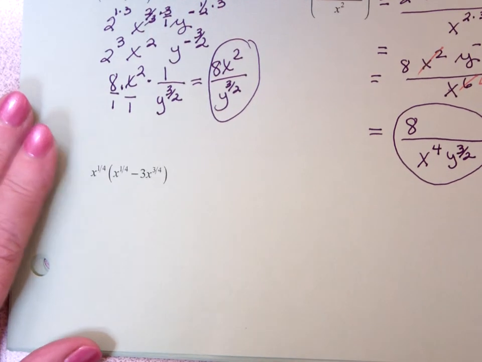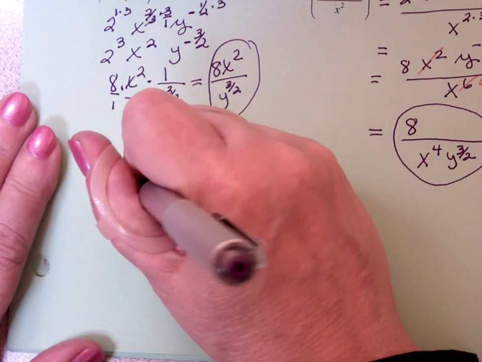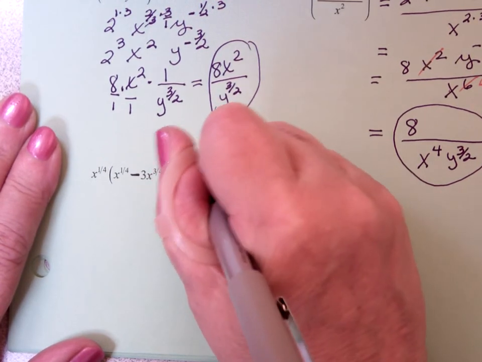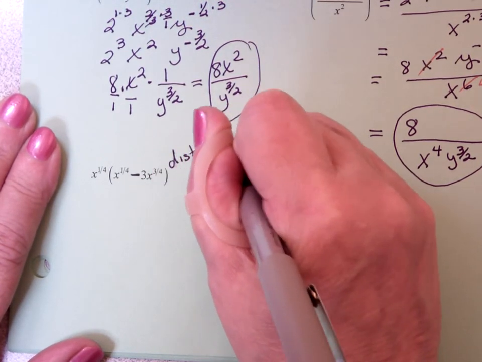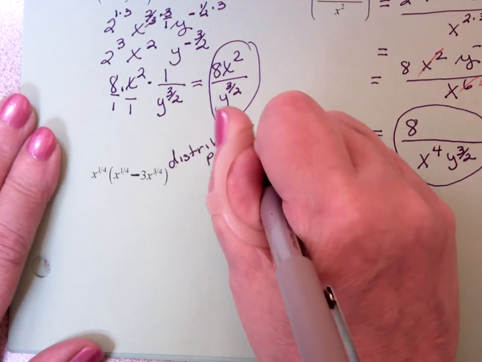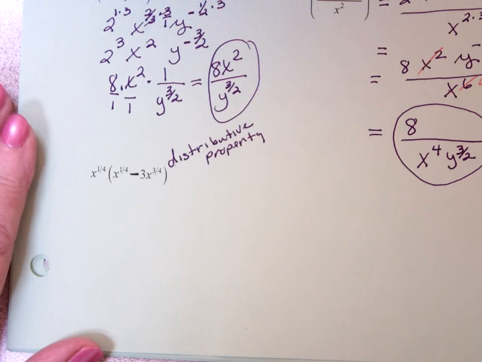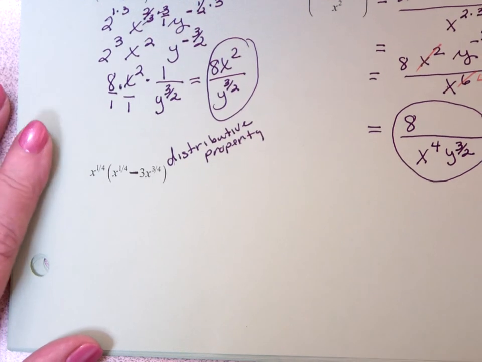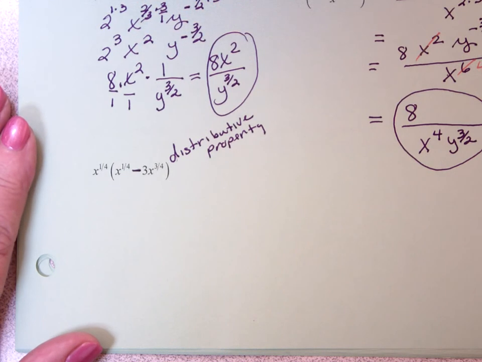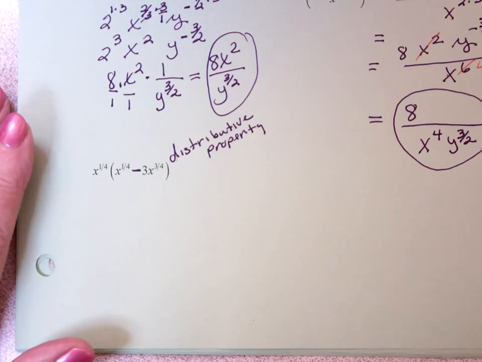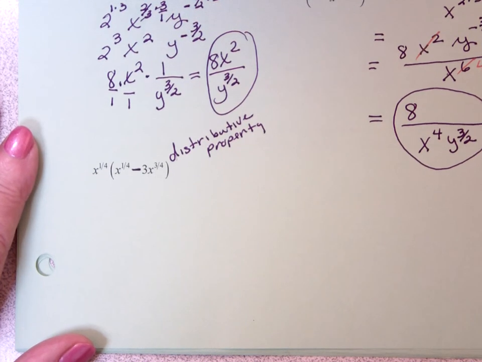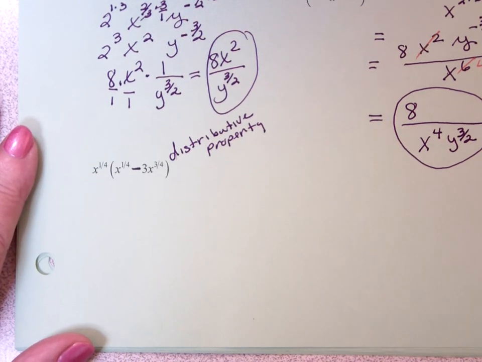This, because of the subtraction, this is a distributive property. The good old distributive property. So, and because these guys are fractions, you end up with tons more steps than you would normally, because normally if they were whole numbers, we would just do it here as we would remove the parentheses.